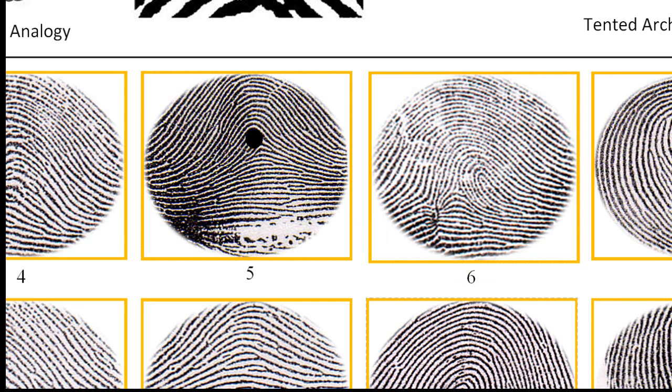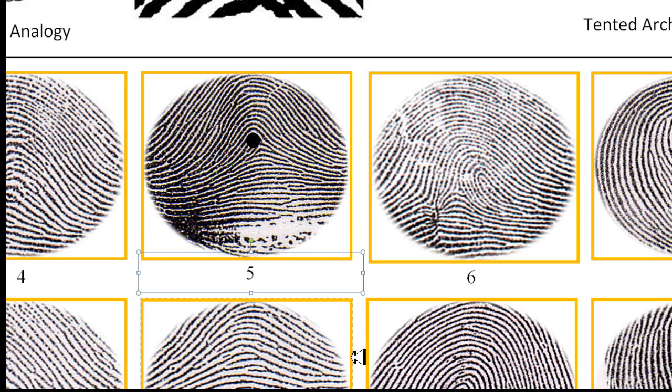I think it's worth noting that if you were to cover with a circle here, like I have, if you were to cover that area right there, one would think that it would be a possible plain arch, and you wouldn't know if there was a camping tent in the center. If you had this much information, or even as little as that much information, you could classify the print.